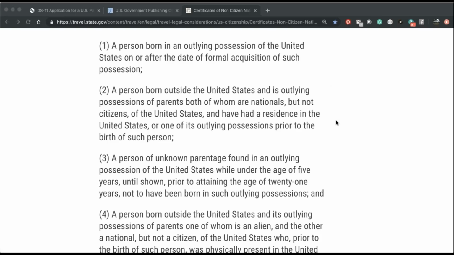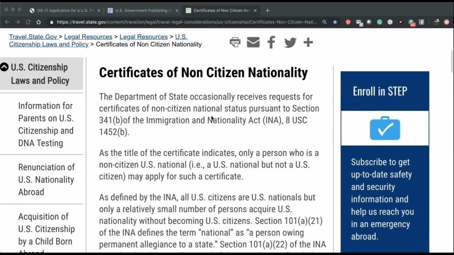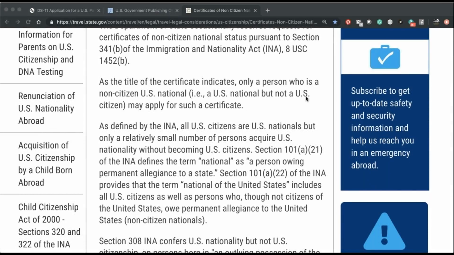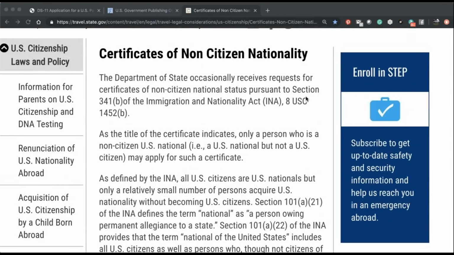The brother was talking about a certificate of non-citizen nationality. Right here, that's what it says. That is a tricky statement, and here's why. I'm going to try to skim through this because I got a consultation at 11, but here it is.